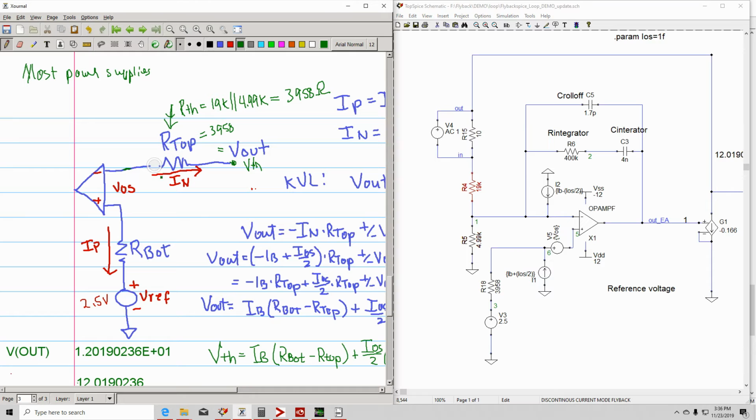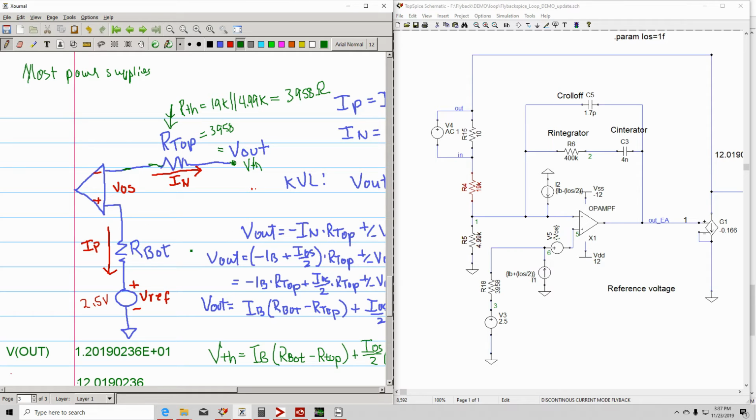And then the bottom resistor: the rule of thumb is that whatever impedance the non-inverting input sees looking back through these two resistors, you make that resistor the same impedance.